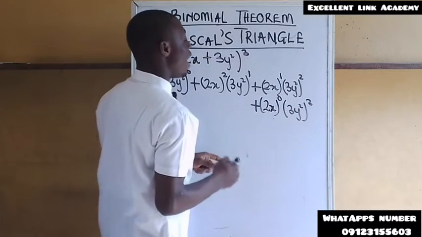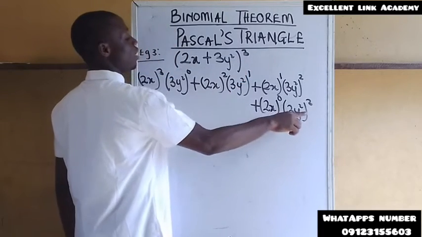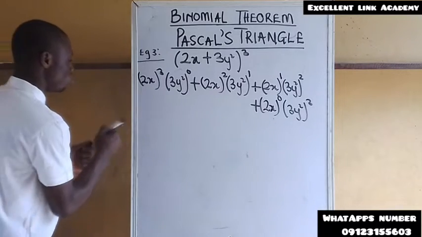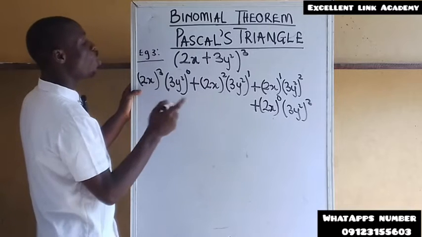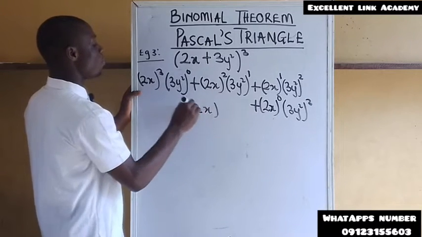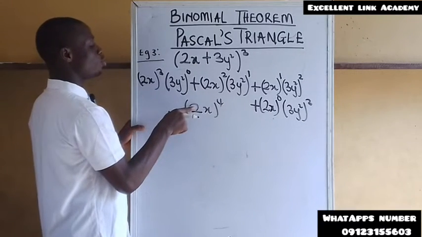I said we stop when the last term takes all the power. So I stop at this place. Let's start. What do I do? I know very well, if I recall indices, if I have 2x to the power of 4, this 4 will affect this 2 and affect this x.